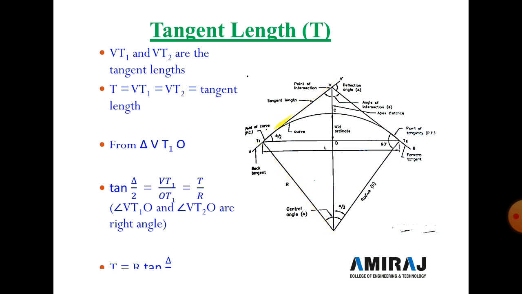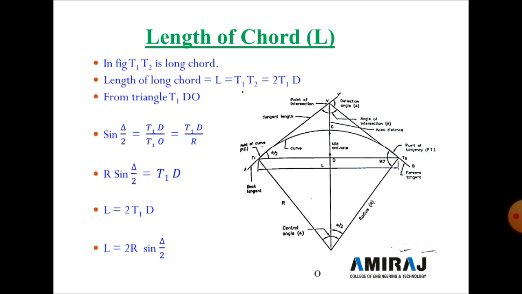VT1 is the tangent length T, and T1O is the radius of the curve, equal to R. Clear? So T is equal to R tan delta by 2. T is the tangent length, R is the radius.